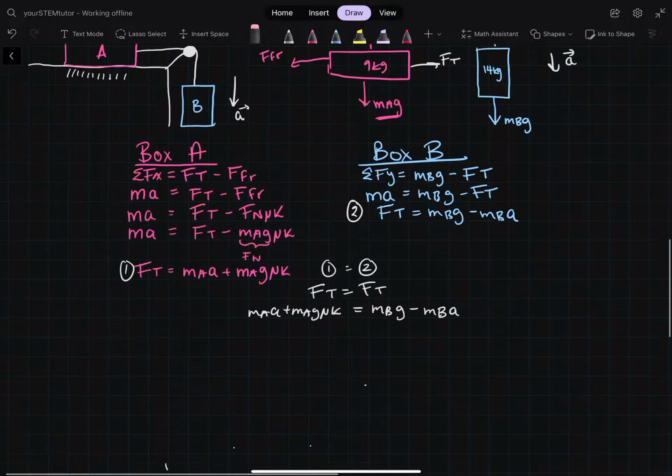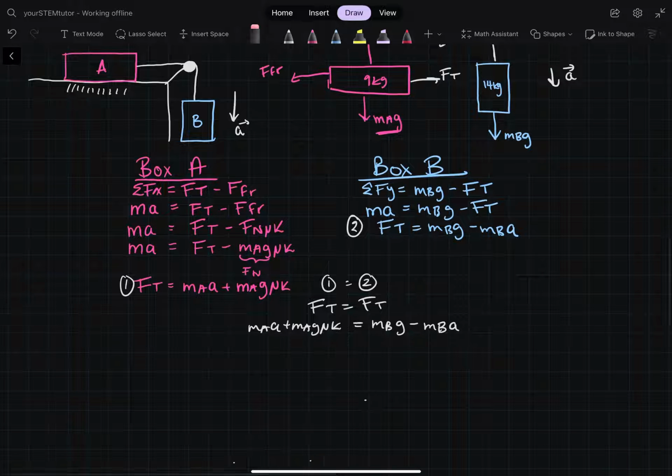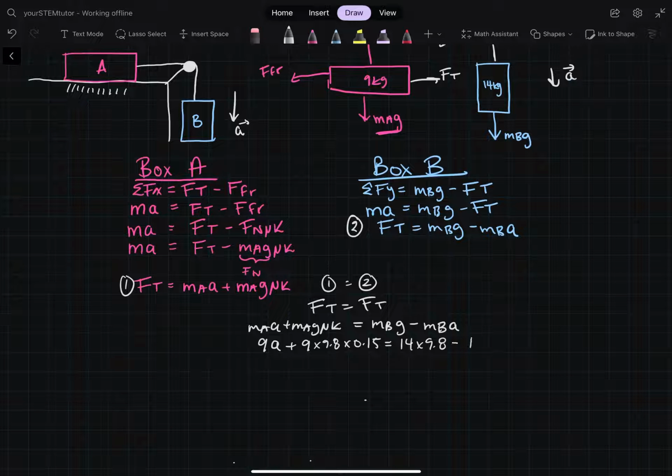We know our mass for A is 9. So 9 times acceleration plus 9 times 9.8 for gravity times 0.15 for our coefficient is equal to mass B, which is 14, times 9.8 for gravity minus 14 times acceleration.